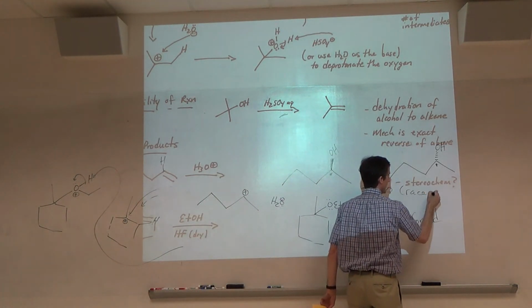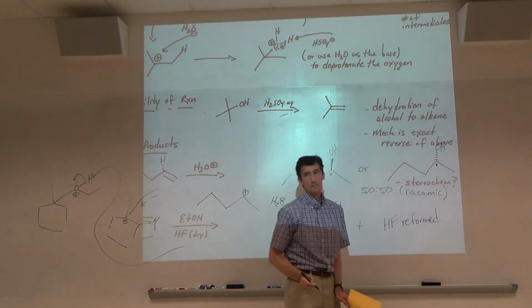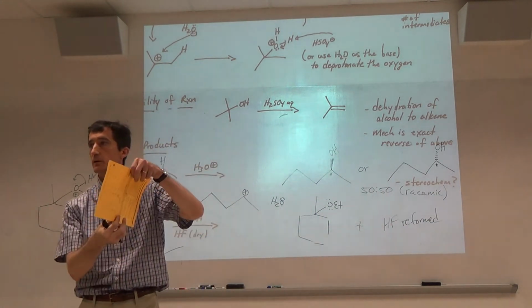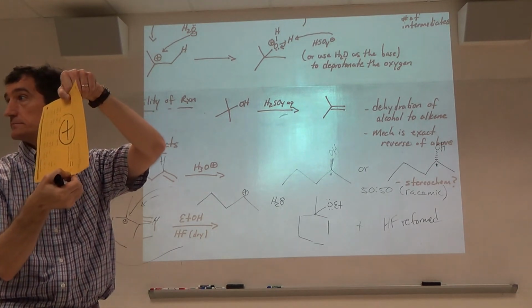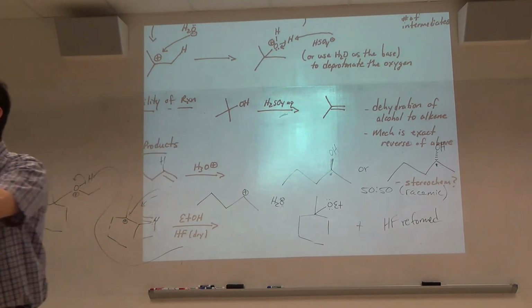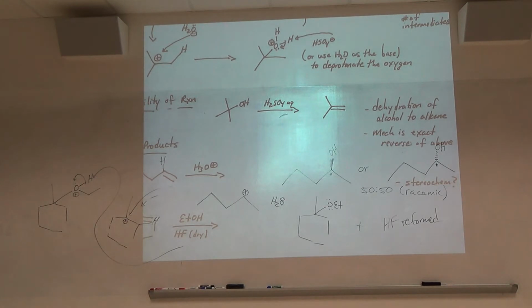And we're going to call that later racemic. Alright? But it all is because your intermediate was planar and it can be attacked from either side. It all depends on how it approaches, but it's all going to be random because you got a gazillion molecules. All right?